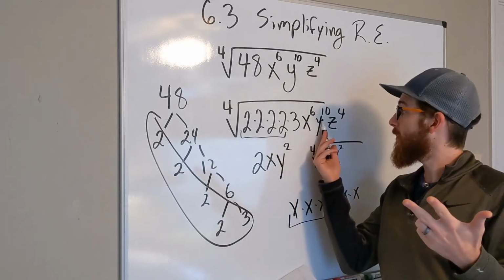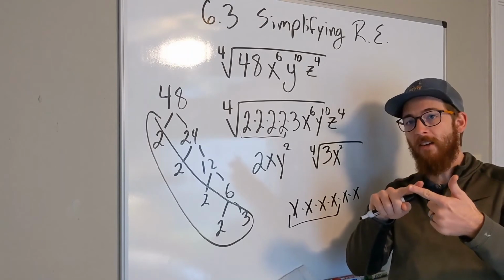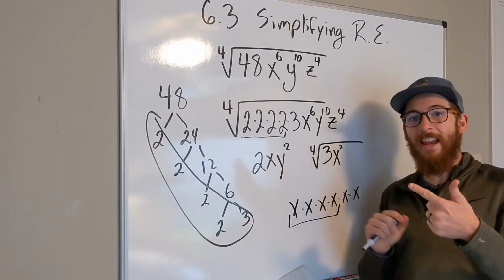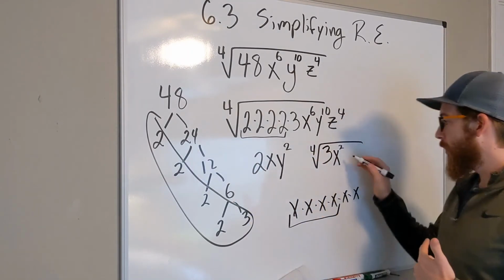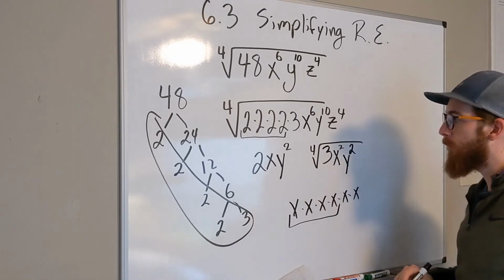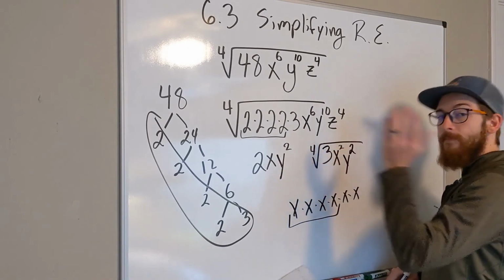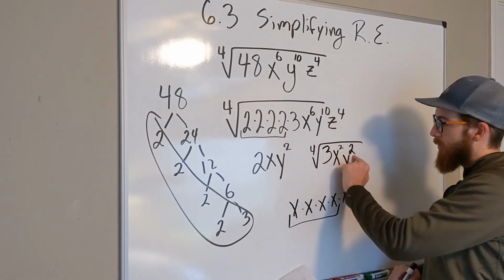We have 10 y's. So I can only make 2 groups of 4 out of 10, and then how many are left over? Y squared. Why 2? Because 2 times 4 is 8. 8 plus 2 is 10.